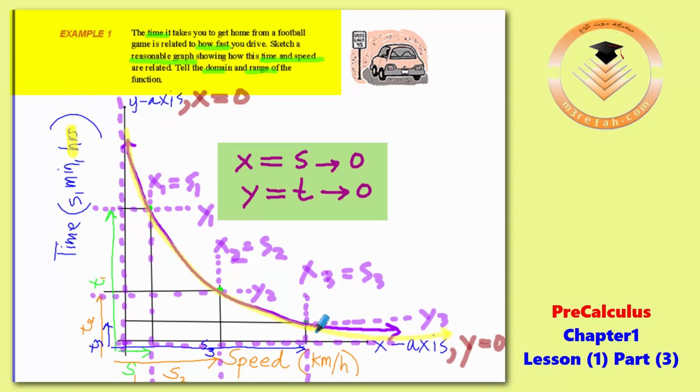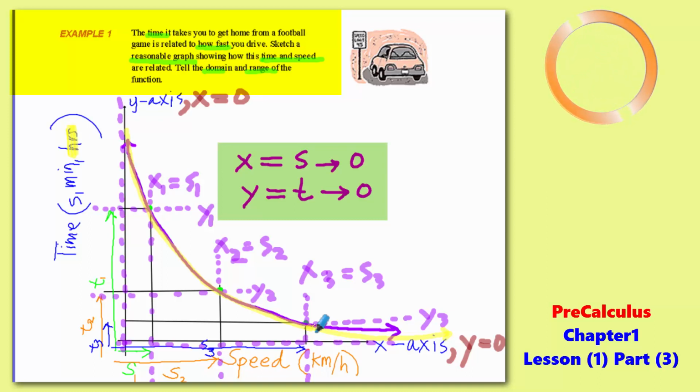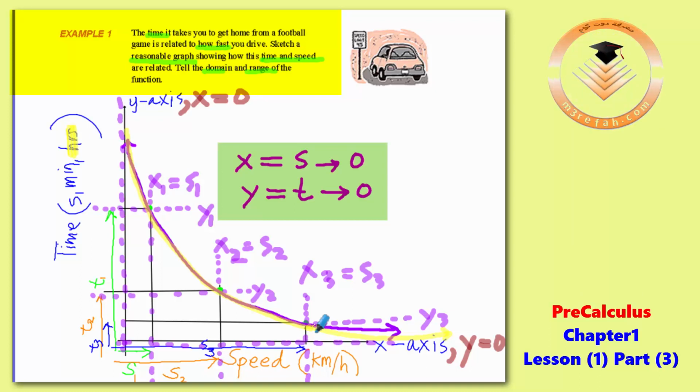Remember, practically, if you are going to drive at a speed of 0, your car would not move, right? That's why your speed S or X won't be equal to 0. And the time that you go home won't be equal to 0, no matter how slow you drive.